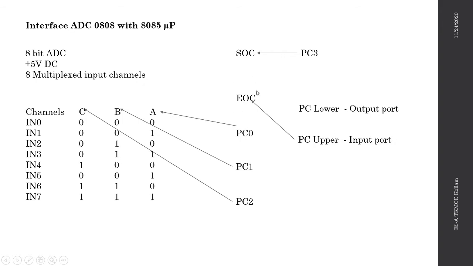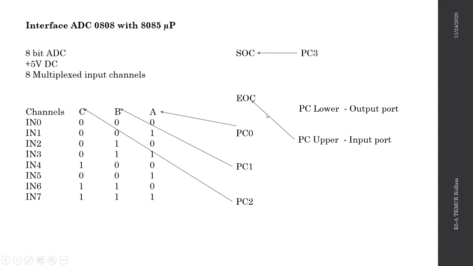The end of conversion signal needs to be read through one port of the 8255, in order to read the converted digital signal corresponding to the given analog signal into the microprocessor. So the end of conversion signal needs to be continuously monitored in order to take a proper decision. This can be read by means of port C upper.